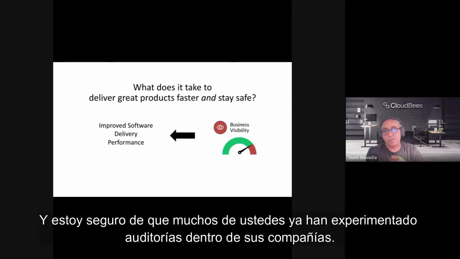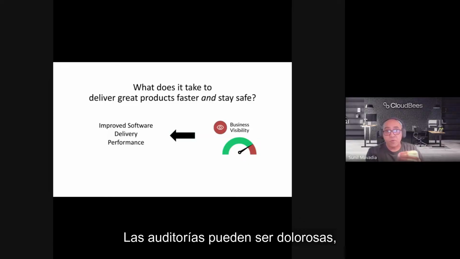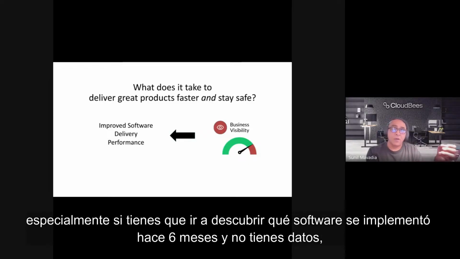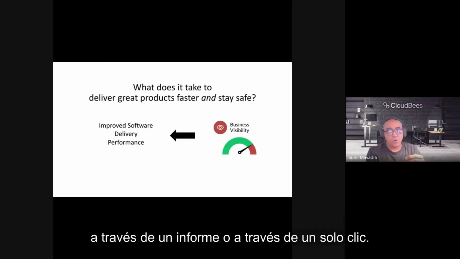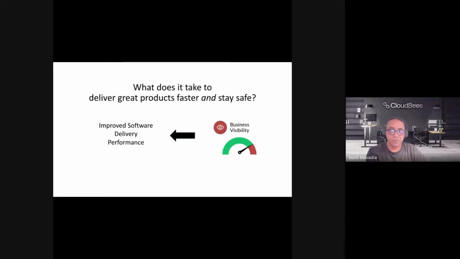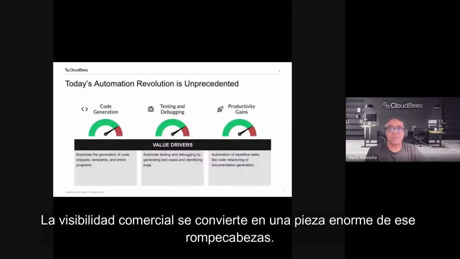And I'm sure many of you already experience audits within your companies. And audits can be painful, especially if you have to go and find out what software was deployed 6 months ago and you don't have the data through a report or through a single click action. So keep that in mind. Business visibility becomes a huge piece of that puzzle.